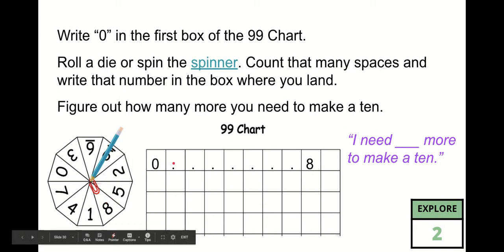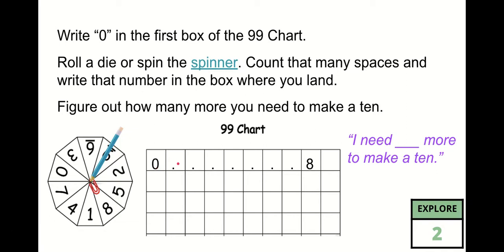So we have to count starting right after 0. Count with me. Let's see where we land. 1, 2, 3, 4, 5, 6, 7, 8. So we're going to write the number 8 here.